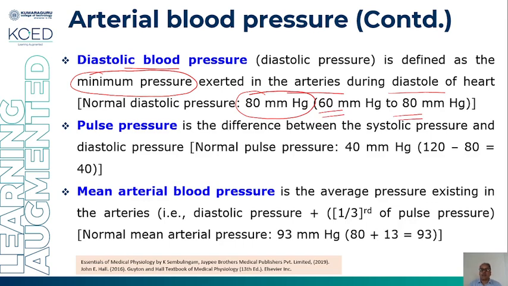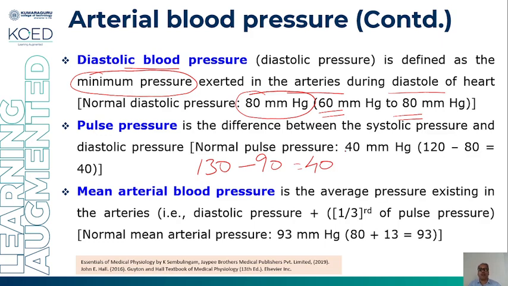The third part is pulse pressure. So, what is pulse pressure? Pulse pressure is the difference between systolic pressure and diastolic pressure, whatever it is. So, for example, if the systolic pressure is 130 and the diastolic pressure is 90, you have to subtract the diastolic pressure from the systolic pressure, which equals 40 mmHg.